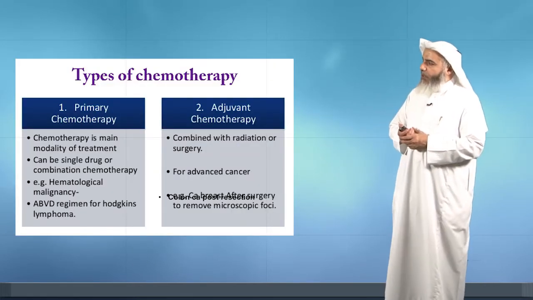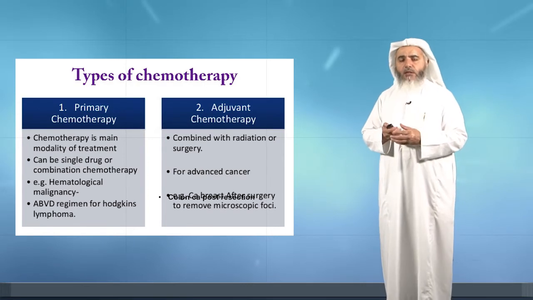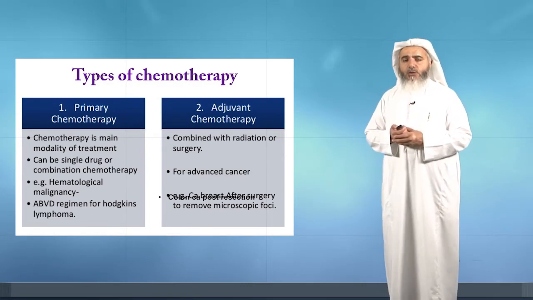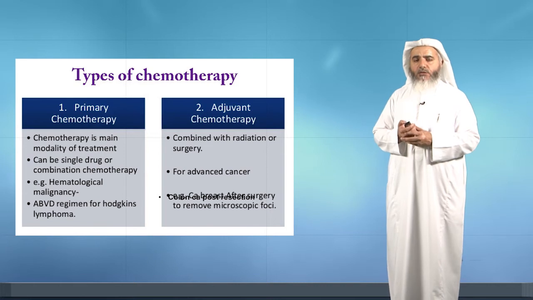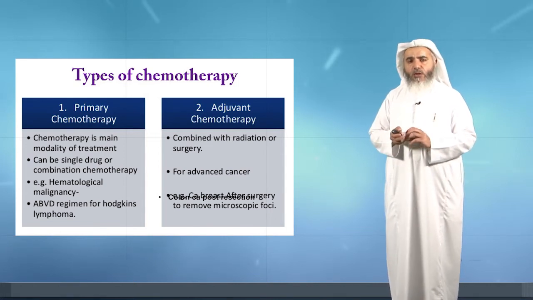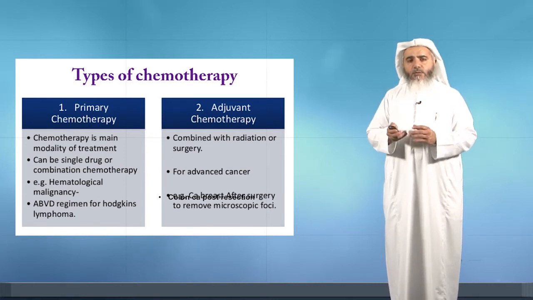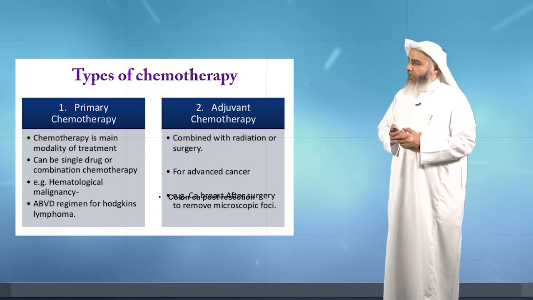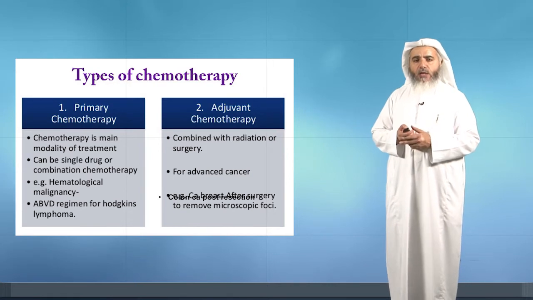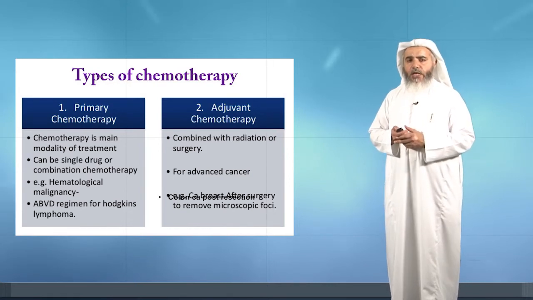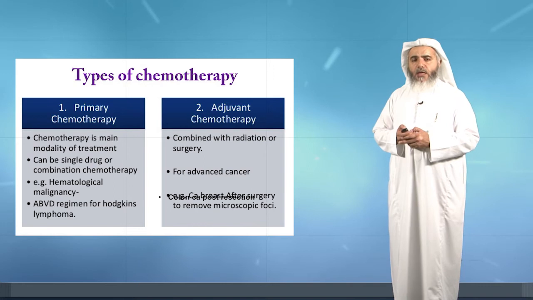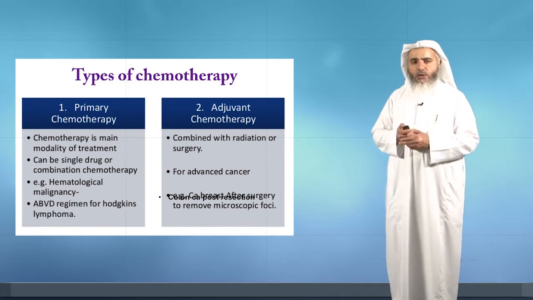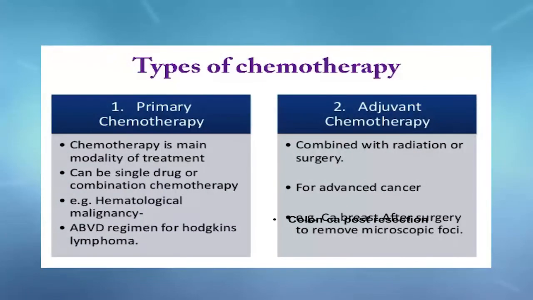We have primary chemotherapy when the chemotherapy is the main modality for treatment, when it is used to cure cancer. So after the biopsy, after confirmation of the disease, you start the patient on chemotherapy alone, and that's mainly in hematological malignancy, like acute leukemias in adults and pediatrics, where chemotherapy is the cornerstone of the treatment, and the cure rate is extremely high.